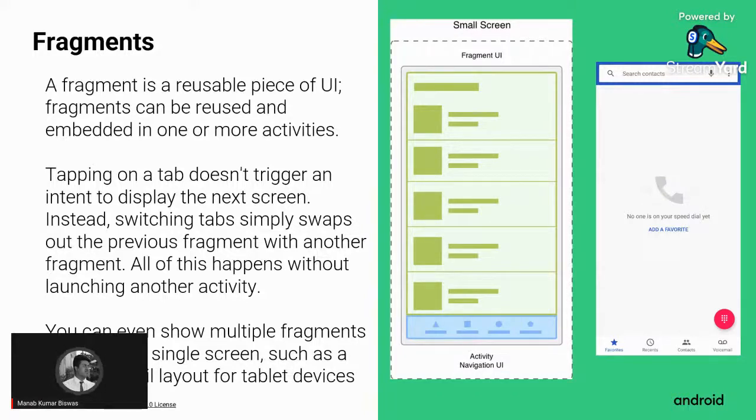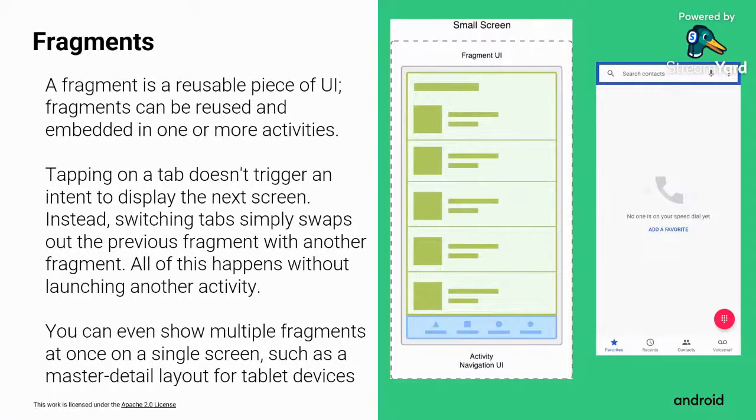But fragments are a reusable piece of UI, I would say. So you can add multiple fragments within one activity. I would show you an example of an app, right? So you would see that you have only one main activity, but you have multiple fragment files. So fragments are a part of your UI that run within an activity. So you would have to swap multiple screens, right?